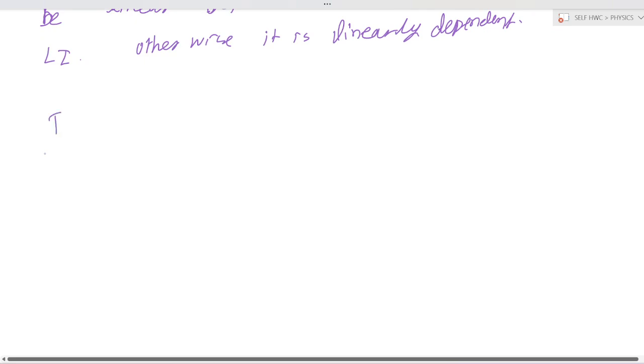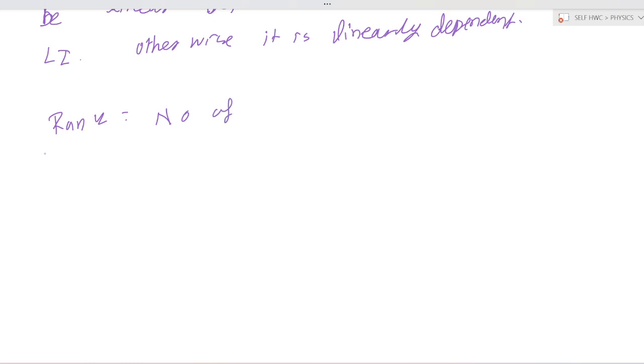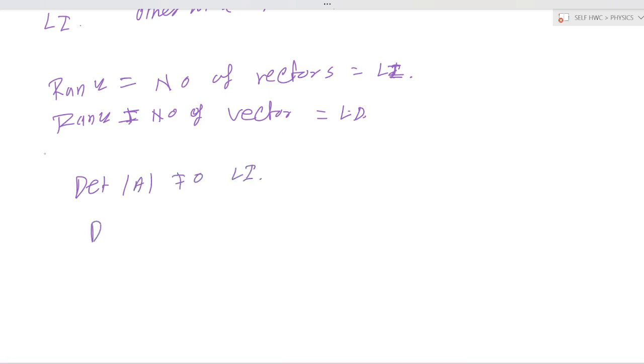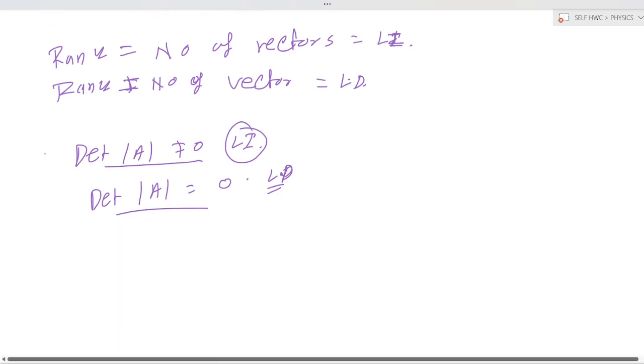In the general method, find the rank: if rank is equal to the number of vectors, it is linearly independent, and if rank is not equal to the number of vectors, it is linearly dependent. And if determinant A is not equal to 0, it is linearly independent, and if determinant A is equal to 0, it is linearly dependent. Always remember this topic.